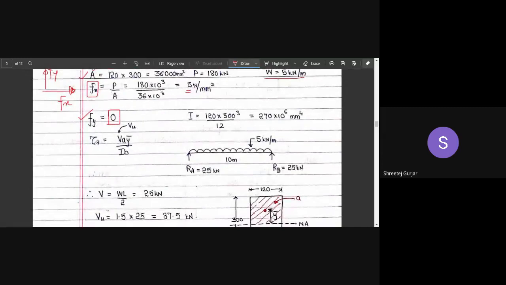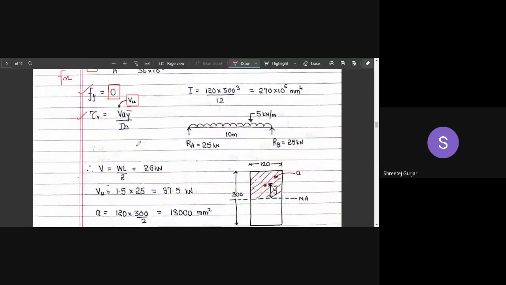Now shear stress, I have told you the formula, V A y bar by I B. Remember, V is the ultimate shear force VU. Don't forget to multiply V by 1.5 to calculate VU. Now let us calculate all these things that are required over here.